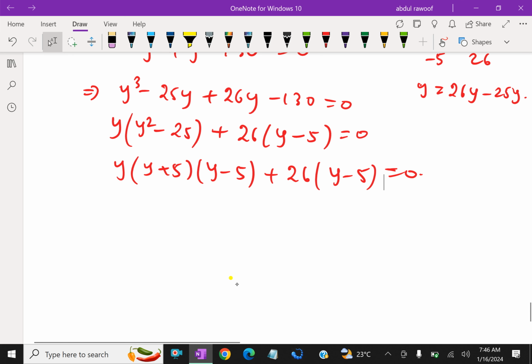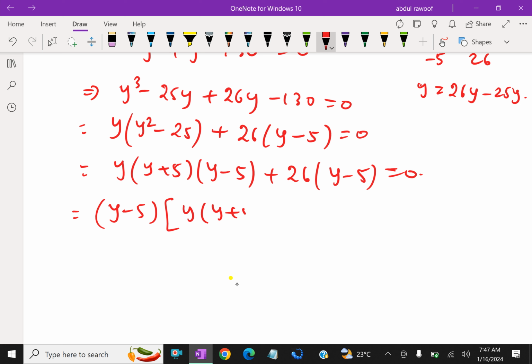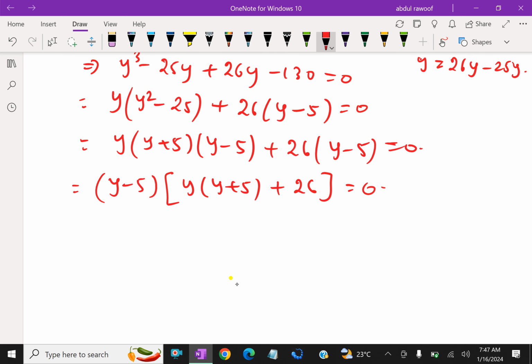So take out y minus 5 into y into y plus 5 plus 26 equal to 0.